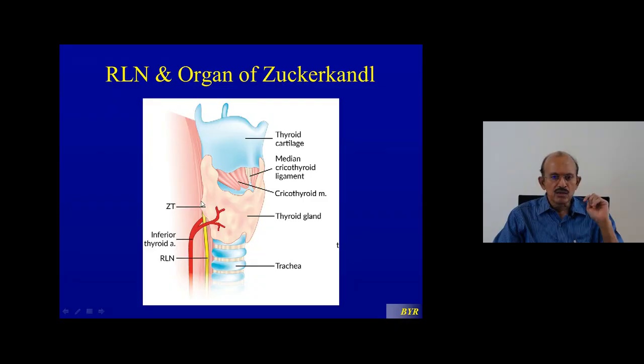What is important about the Zuckerkandl tubercle? It points to the recurrent laryngeal nerve. So to identify the course of the recurrent laryngeal nerve, if you can see this Zuckerkandl tubercle, just immediately adjacent to that, you will find the recurrent laryngeal nerve in many of the cases. So this will help you to locate the recurrent laryngeal nerve.